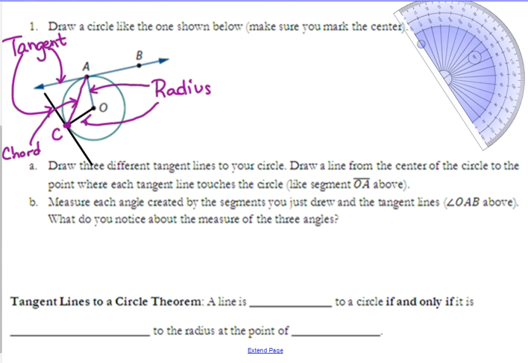The tangent lines to a circle theorem says that a line is tangent to a circle if and only if it is perpendicular to the radius at the point of tangency.